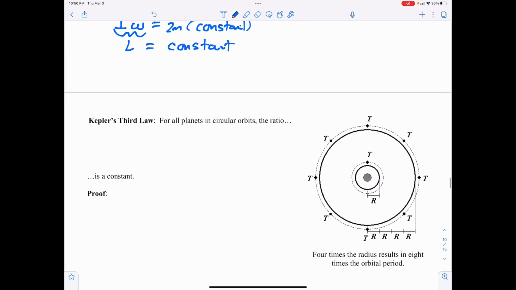Kepler's third law is a ratio of orbital period to orbital radius. Specifically, we discover the following.